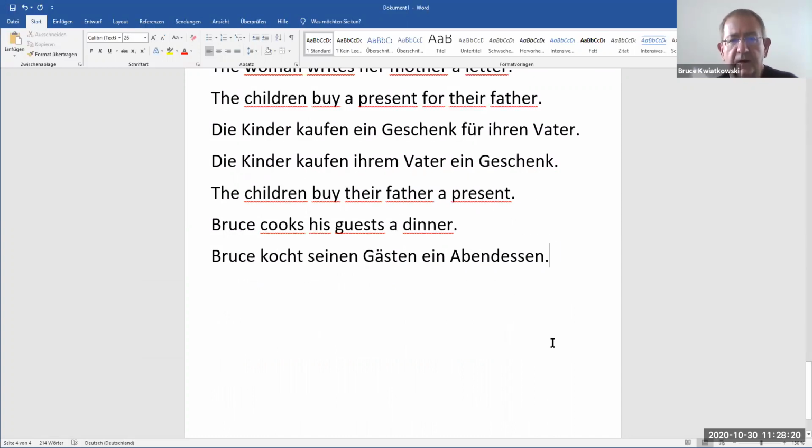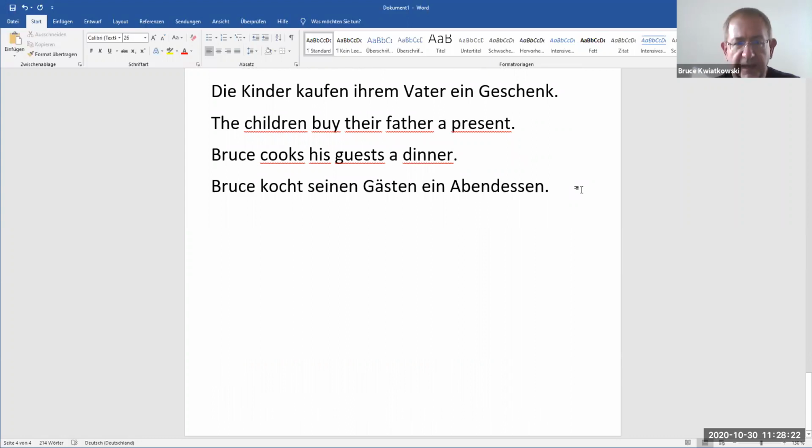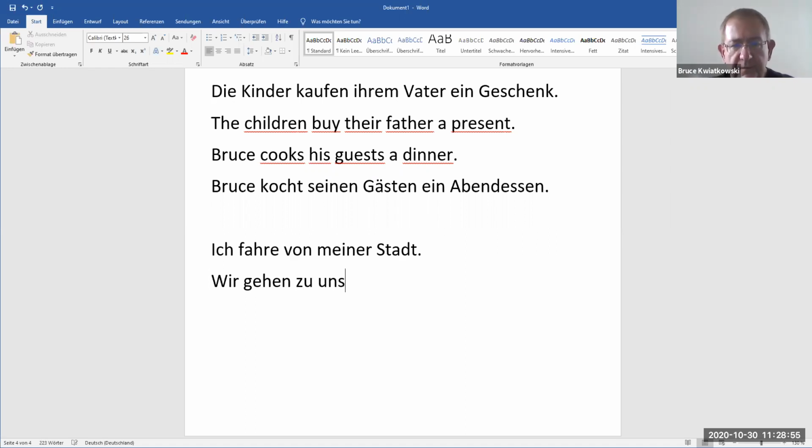And it works for the prepositions too. Okay? So for example, ich fahre von meiner Stadt. I drive from my city. Okay? Or wir gehen zu unserem Haus.